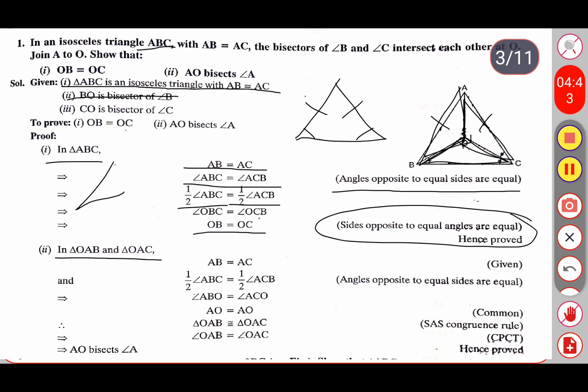In these, AB is equal to AC, right? And OB and OC are the bisectors of angle B and angle C, so angle ABO is equal to angle ACO here, right?